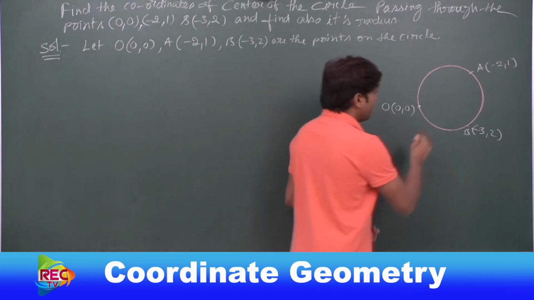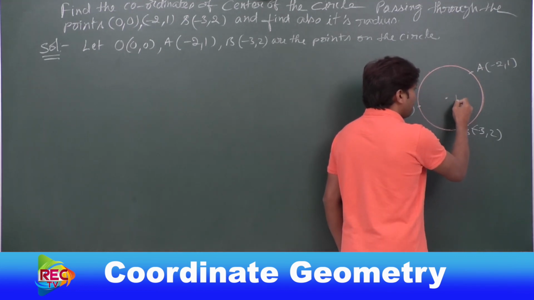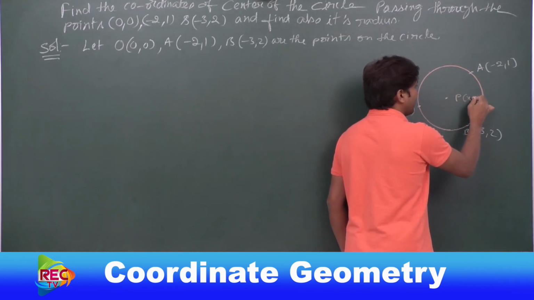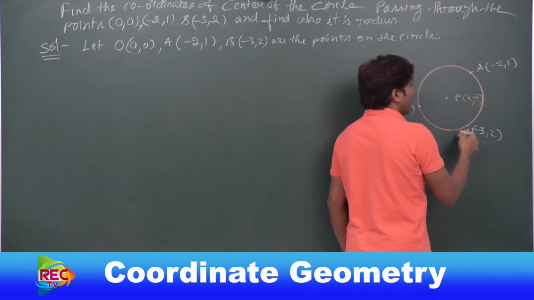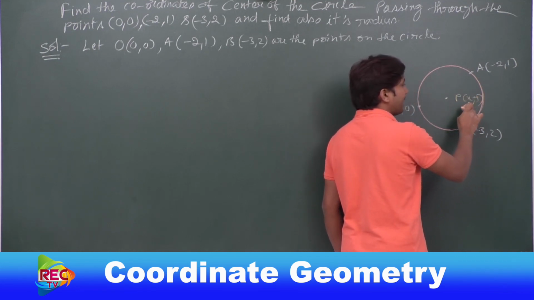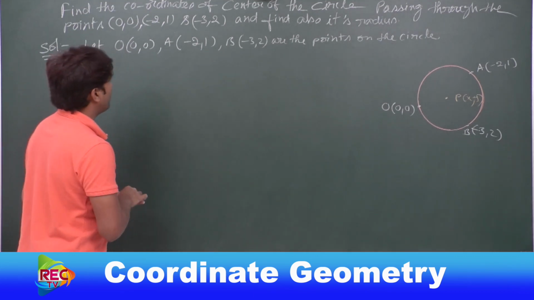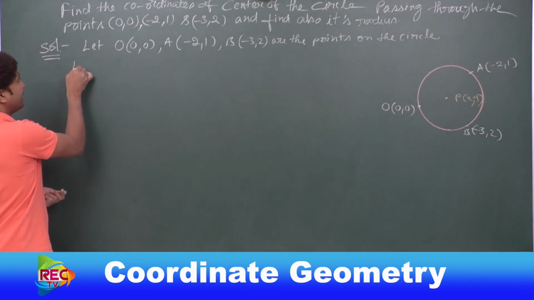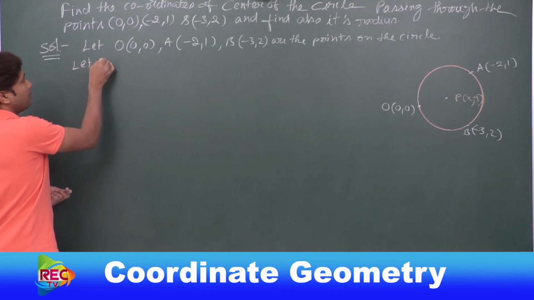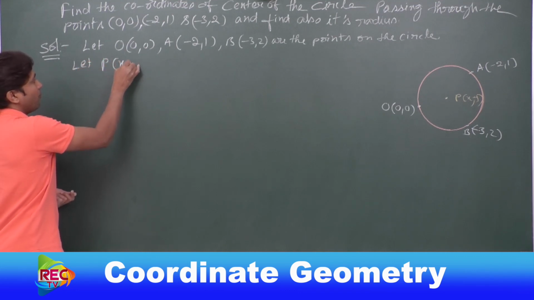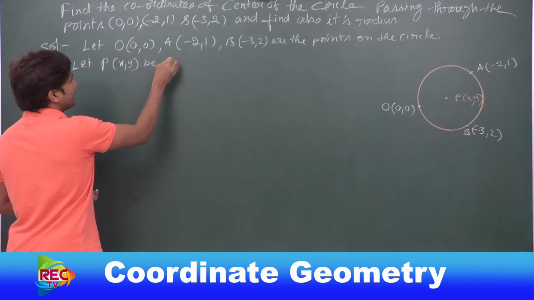Let us consider the center to be some point P (x, y), I mean the coordinates of the center are x and y. We considered it. Let P (x, y) be the center.